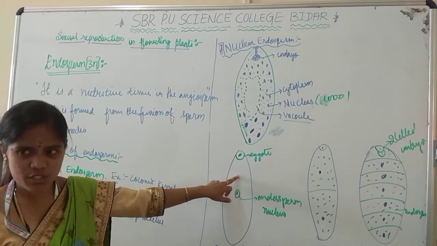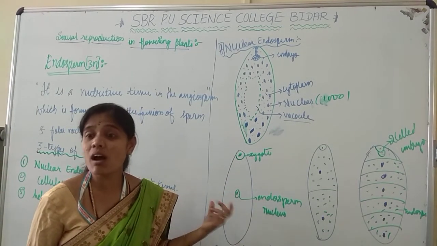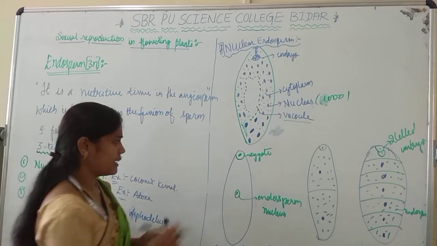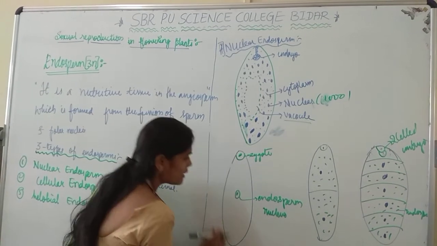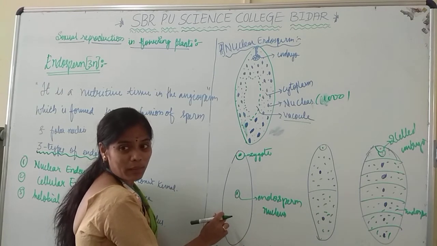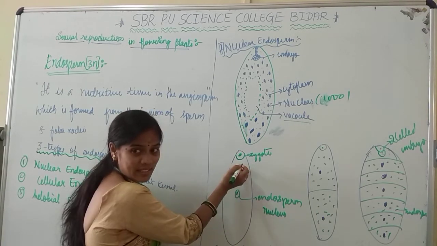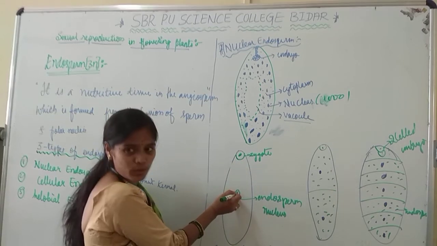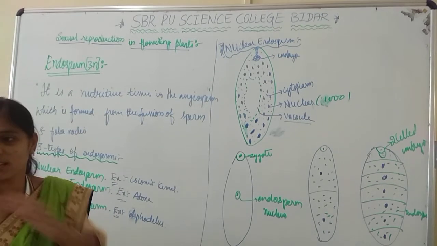After the fertilization, what happens at that time? Here that is cellular endosperm. See, immediately after fertilization a zygote is present, and this is the primary endosperm nucleus. So the primary endosperm cell, inside that is its nucleus. So this will undergo cell division.